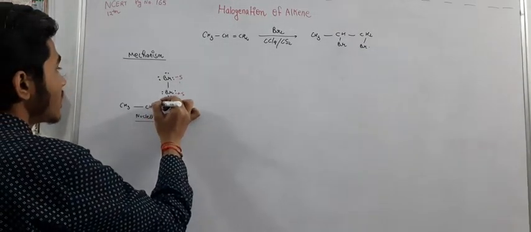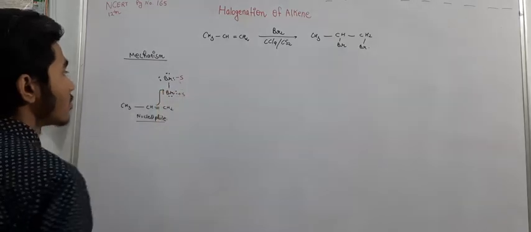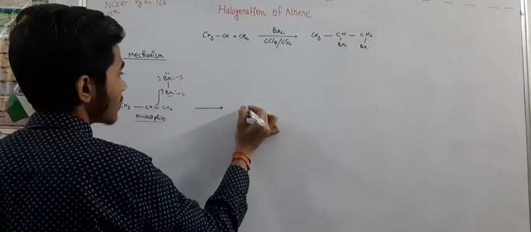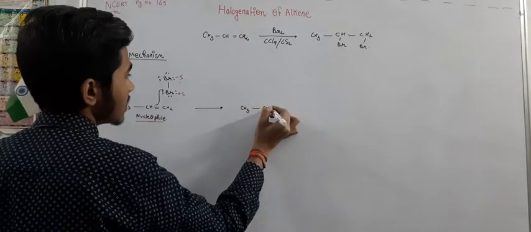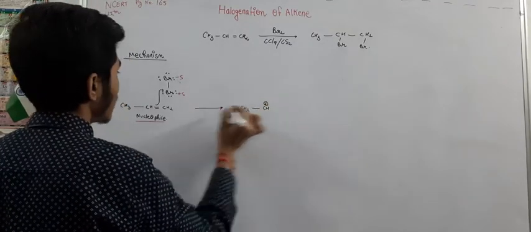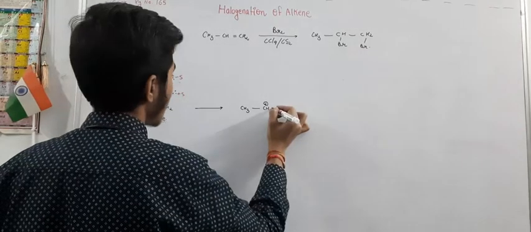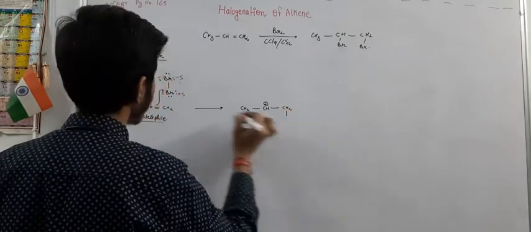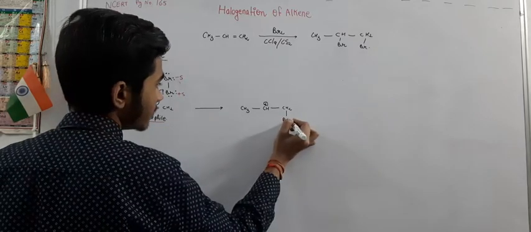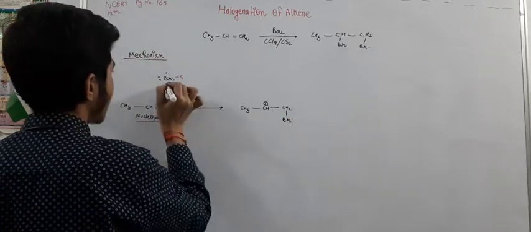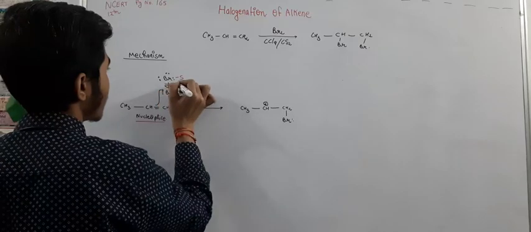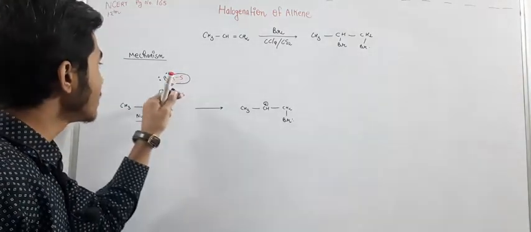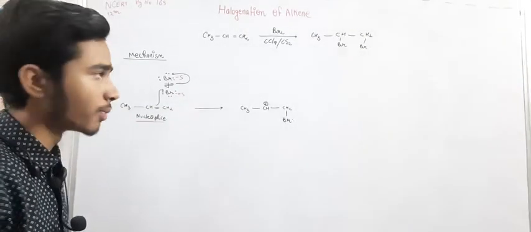Now this bromine is electron deficient and this is a nucleophile. It will share its electrons, that is the pi electrons, with bromine, and the resultant structure formed would be something like this: CH3CH. Now this bond is cleaved and bond formation is taking place with this bromine, and this bond breaks because this electron is shared in the anti-bonding molecular orbital of this bromine.